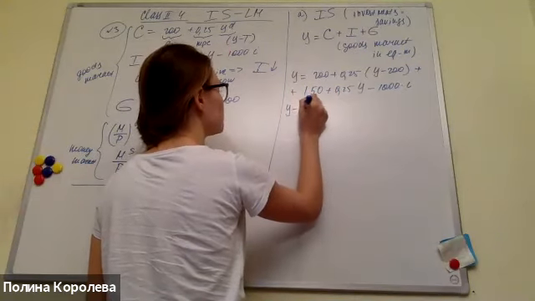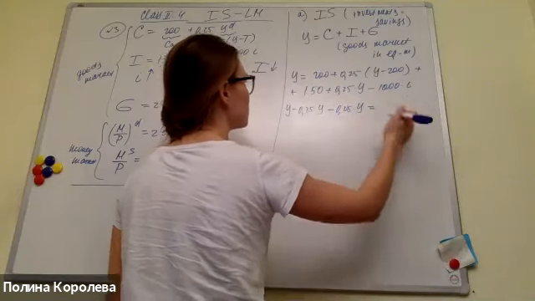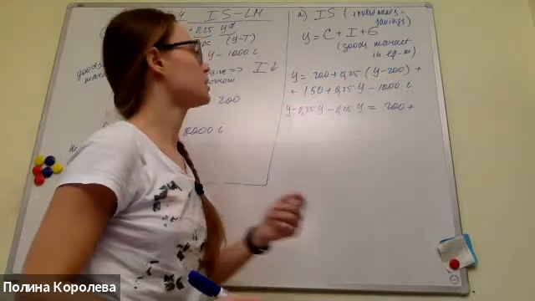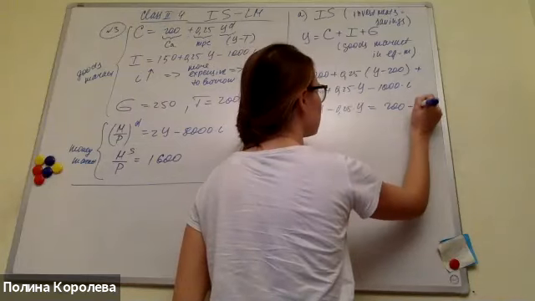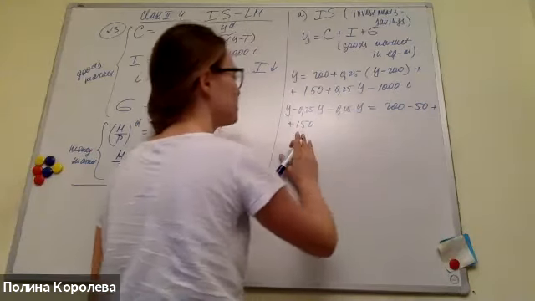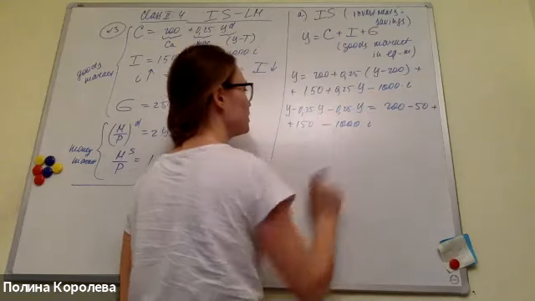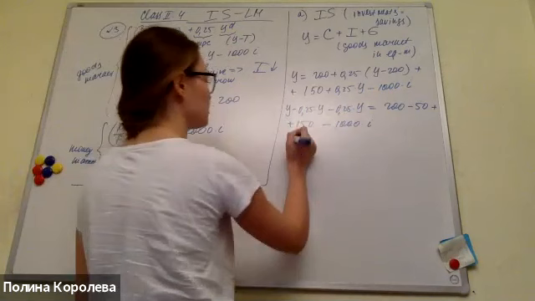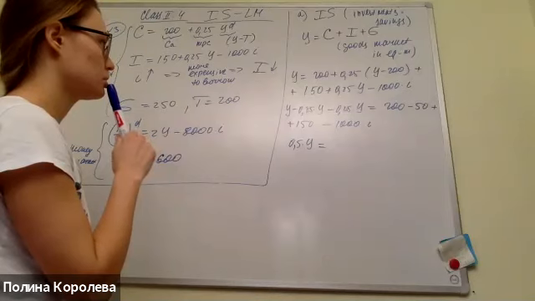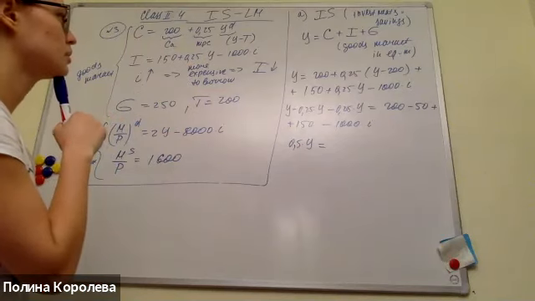So Y minus 0.25 multiplied by Y minus 0.25 multiplied by Y equals all constants: 200 plus 0.25 multiplied by minus 200, it's minus 50, plus 150, and with the interest rate, minus 1000 multiplied by interest rate. So from here, 0.5 multiplied by Y equals... I forgot something.